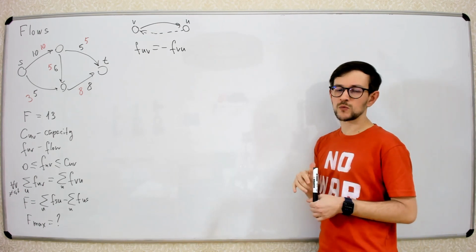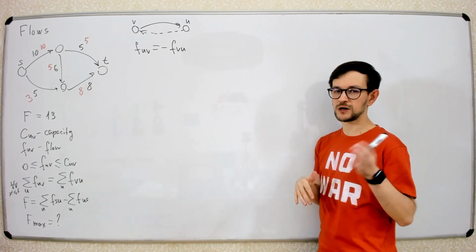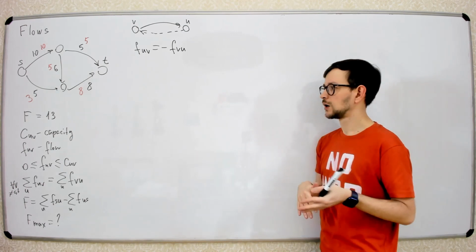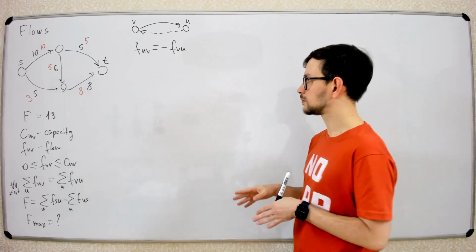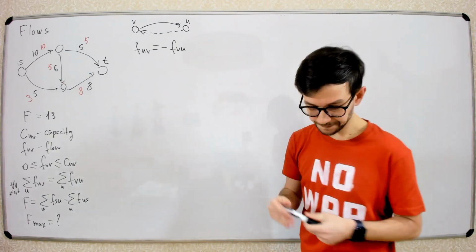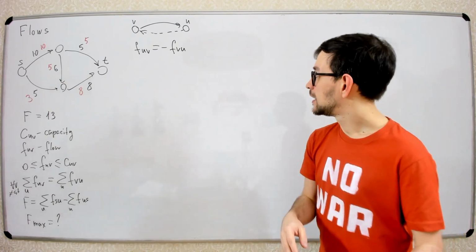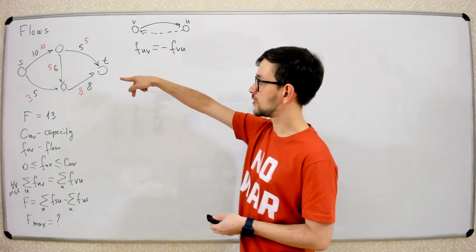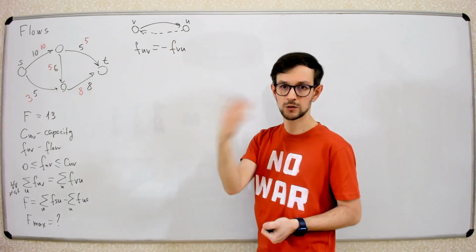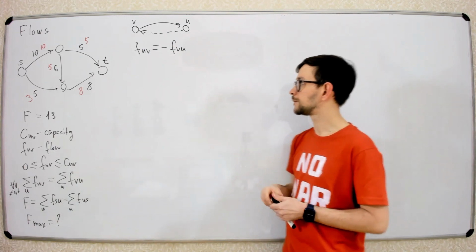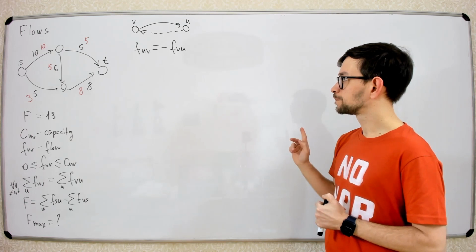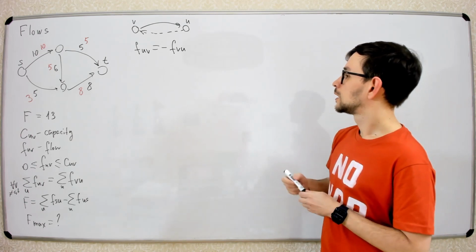Now, in our algorithm, there will be no difference between real edges and these reversed edges. We will work with them in the same way. This is the edge from your real graph. This is the edge you add when you build your graph. Now what about constraints?